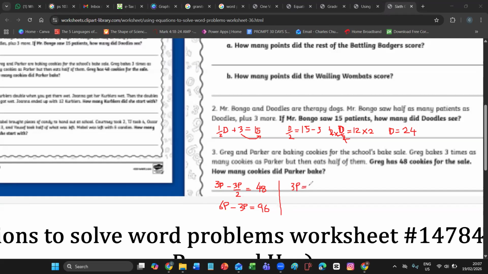All right. So we'll divide both sides by 3 to find what p is. That's what Parker baked.